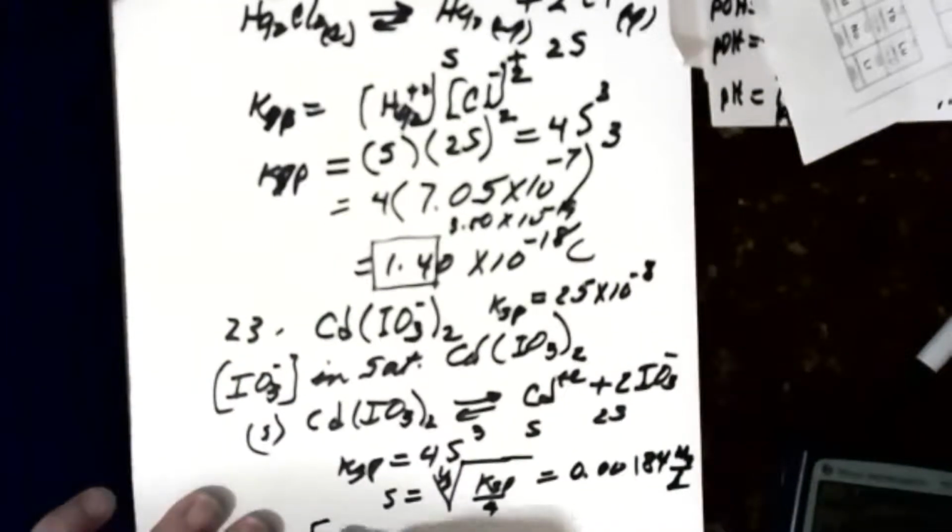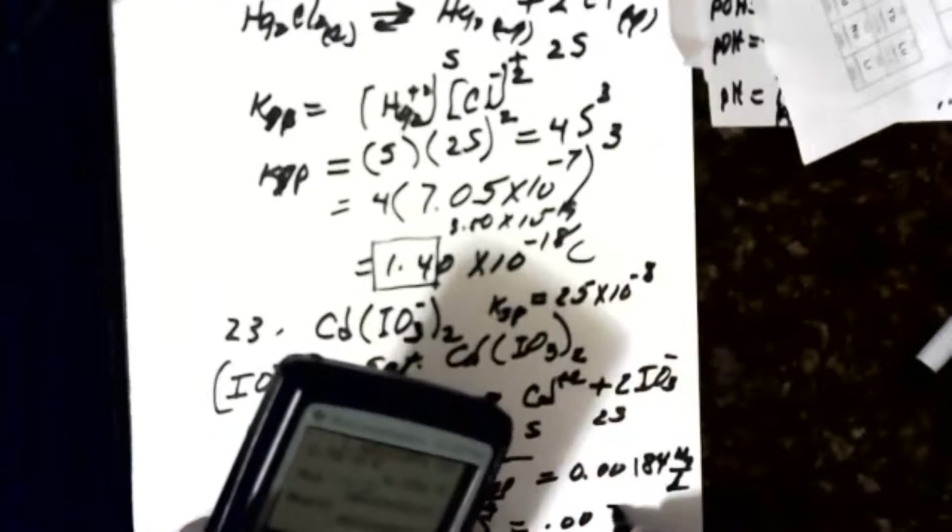Now, the concentration of IO3 minus from what we showed up here is 2S. So all I got to do is take that answer and multiply it by 2. And that gives me 0.00368 and a bunch of other digits.